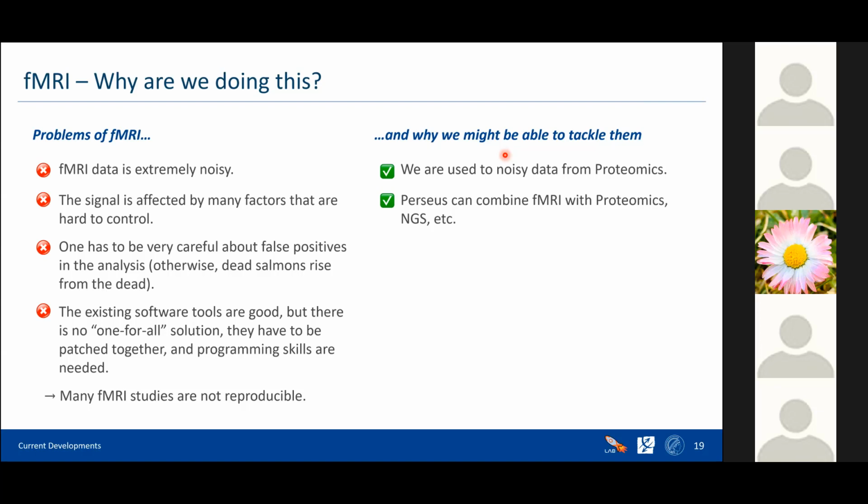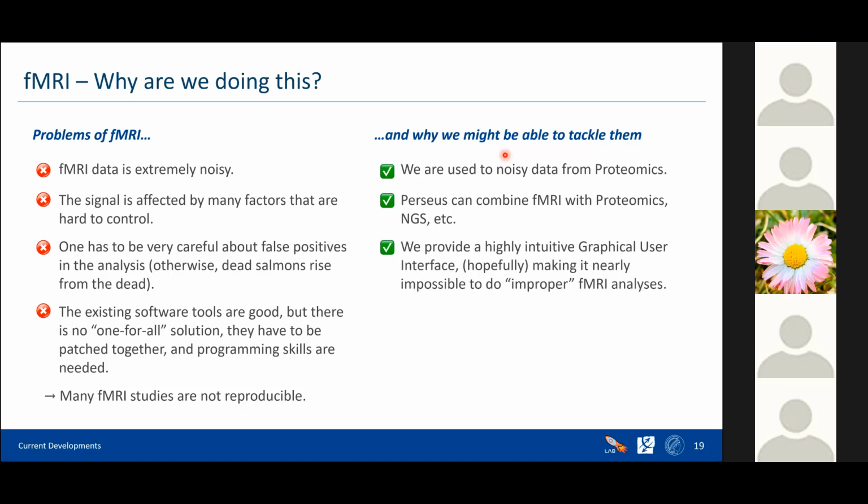And then, of course, all these difficult procedures for the statistical analysis are the same in proteomics, and we solved it more or less, hopefully, in MaxQuant and Perseus by enabling the user to do analysis only in a way that is actually valid. We want to do the same here for the fMRI part.